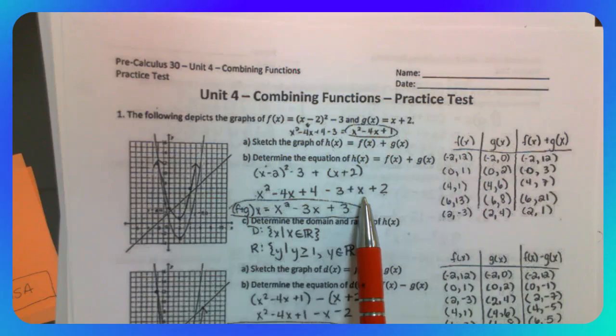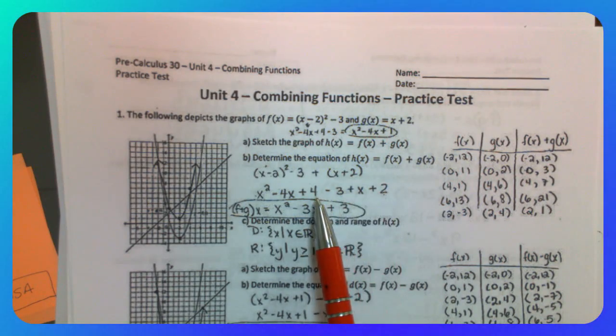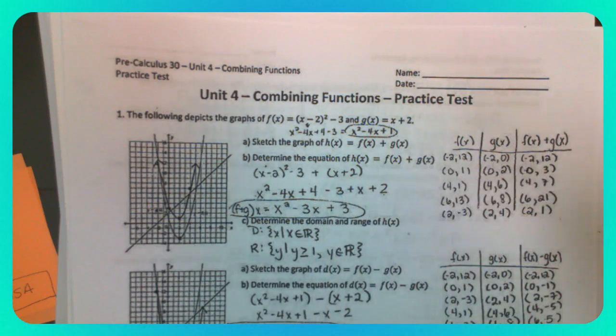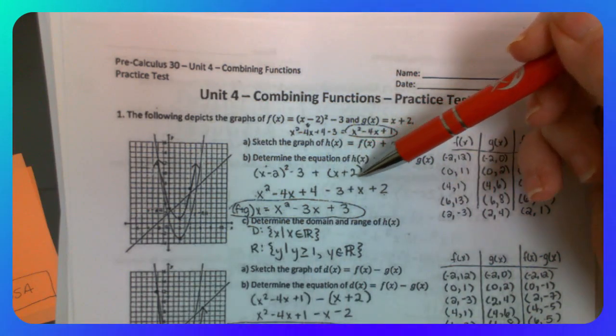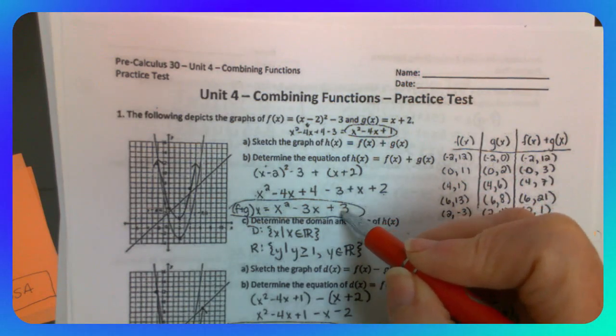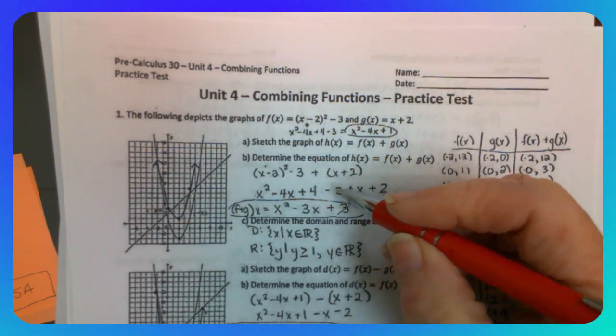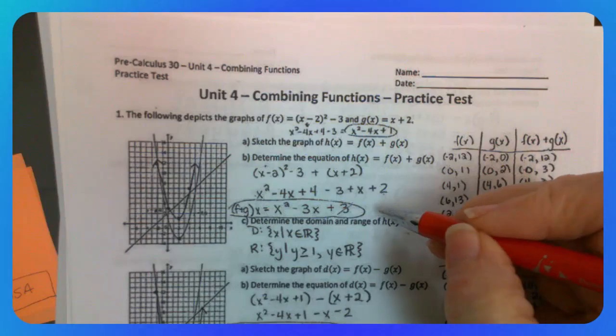Negative 4x plus 1x is negative 3x, and then 4 plus 2 is 6. Check this work, make sure it's correct. Oh, that's negative 4. Negative 4 plus 2 is negative 2.